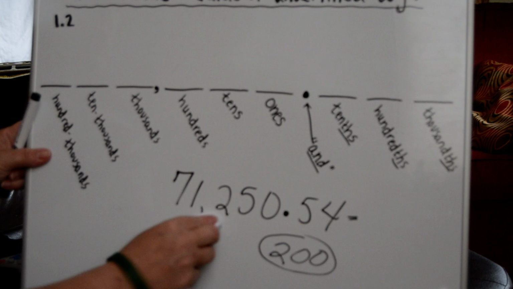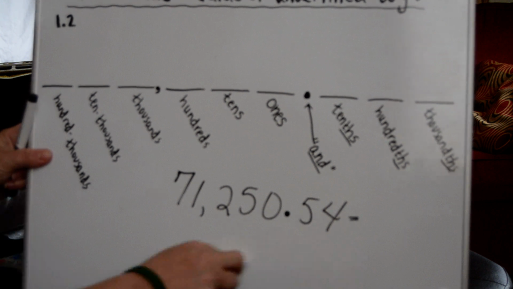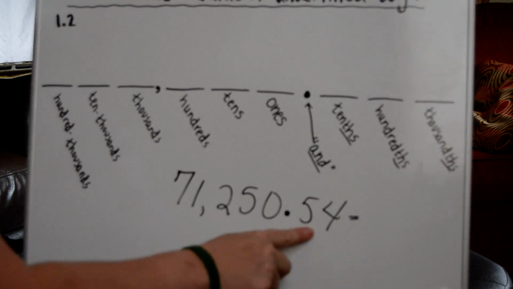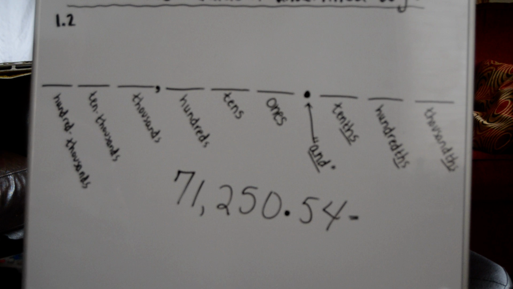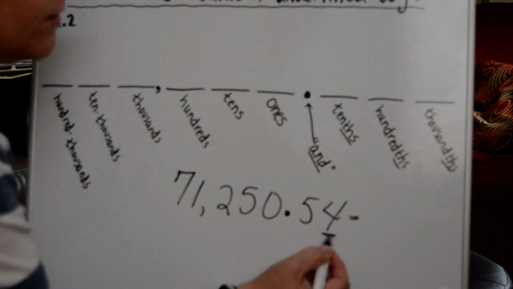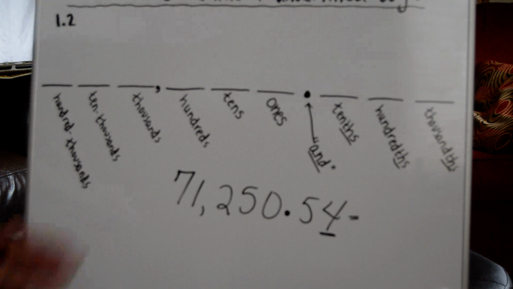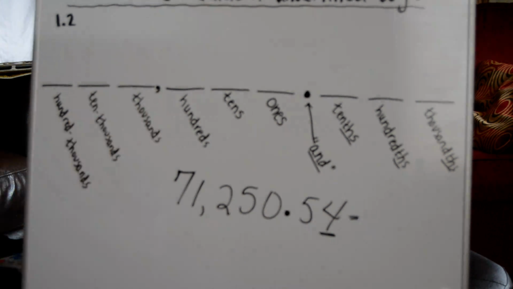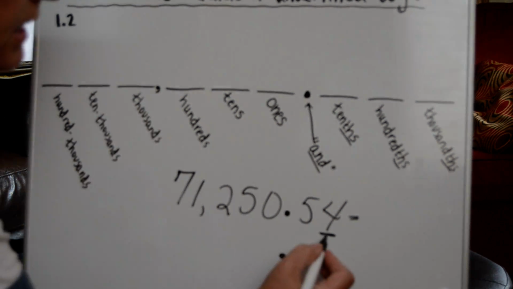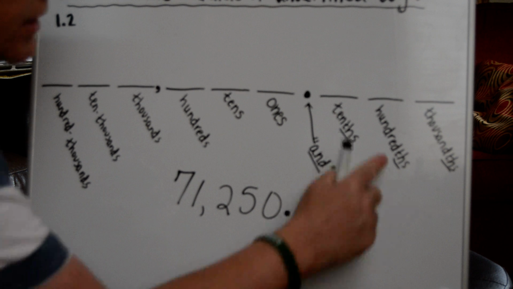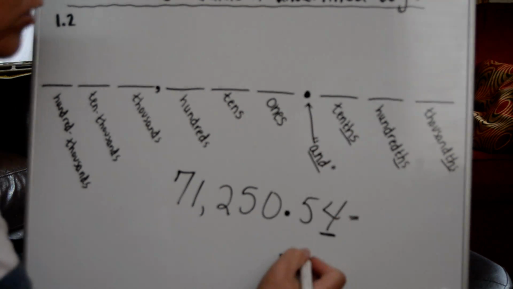Going back to my original number of 71,250 and 54 hundredths, if I had underlined this 4 and I needed to list the value of only that 4, I would write down the decimal. And how much is that 4 worth? That 4 is in the hundredth spot, so that's worth 4 hundredths.